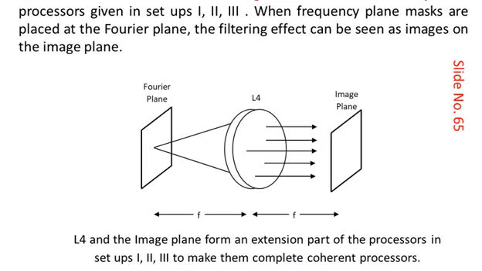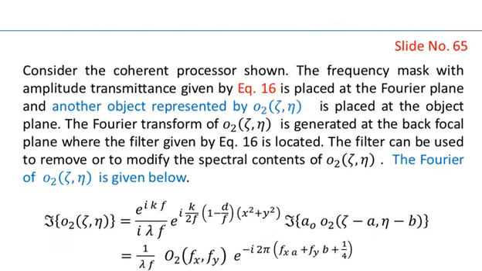The Fourier transform of the object O2 is generated at the location where we have placed the Fourier filter at the Fourier transform plane. So this filter, or the FTH, will do some filtering to the projected Fourier transform of the object O2, and the filtering effect can be seen at the image plane.